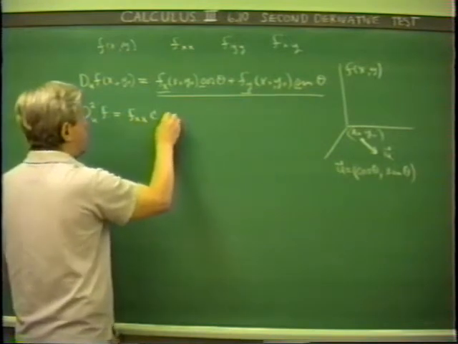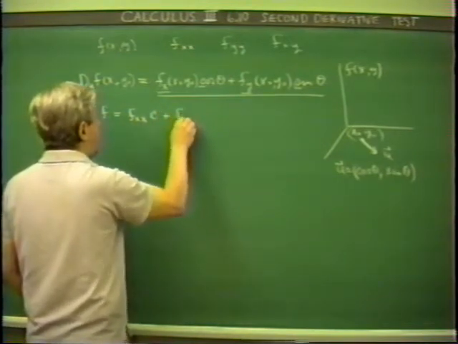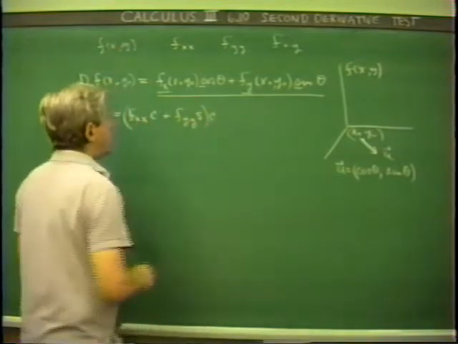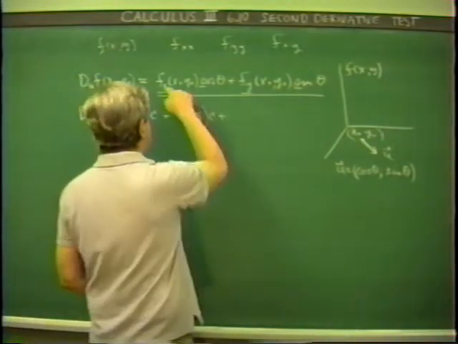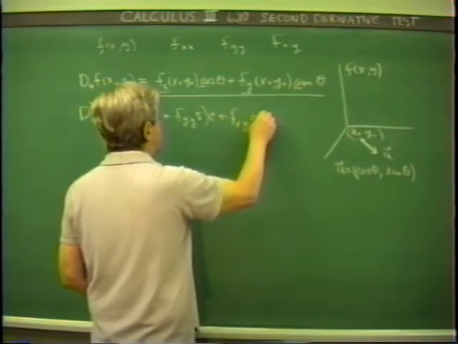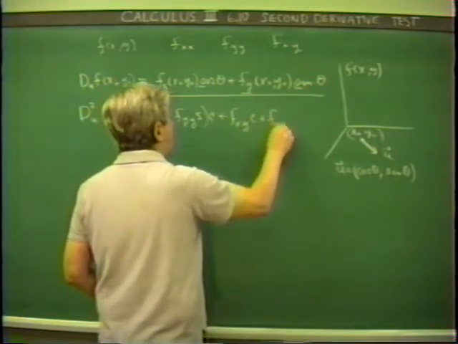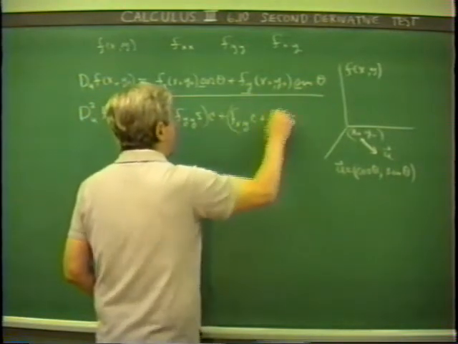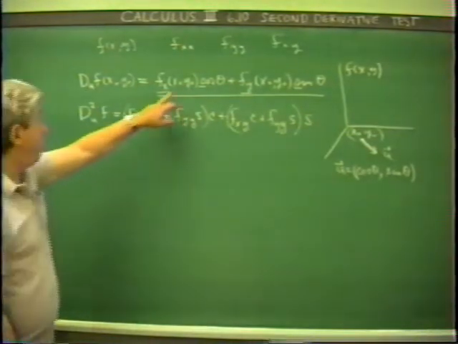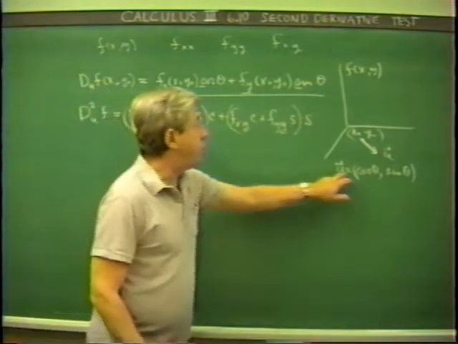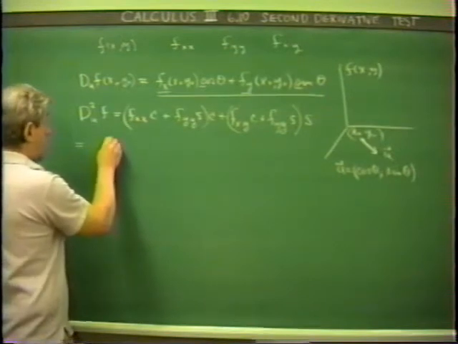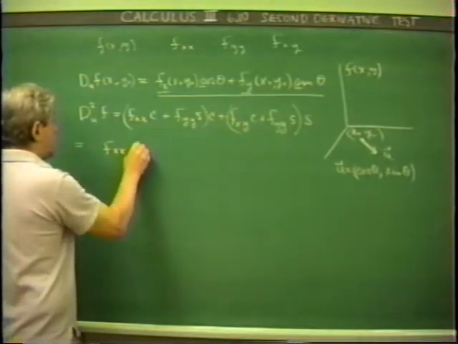So we take the partial of this with respect to x, and we're going to get fxx cosine theta plus fxy sine theta. We want to multiply that by cosine theta. Now we want to take the partial with respect to y, fxy c plus fyy s. We want to multiply that by sine theta. That's to say what we're doing is taking the gradient of this function and dotting it with the vector u.